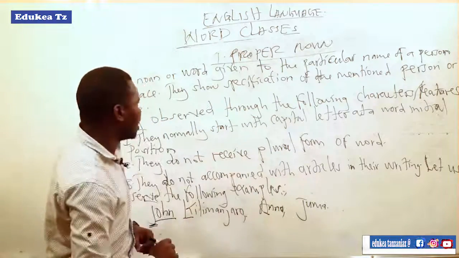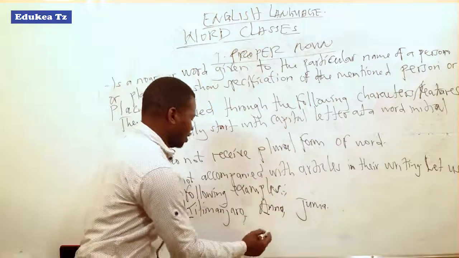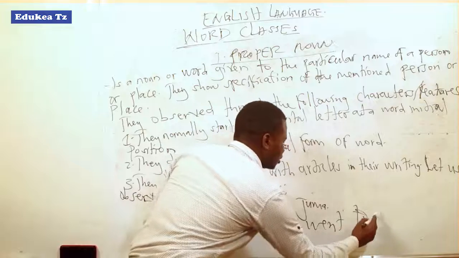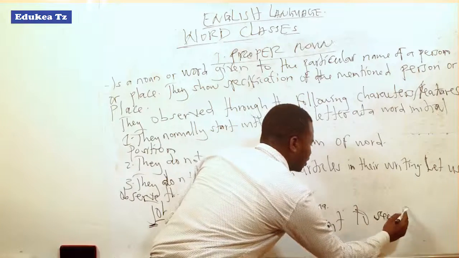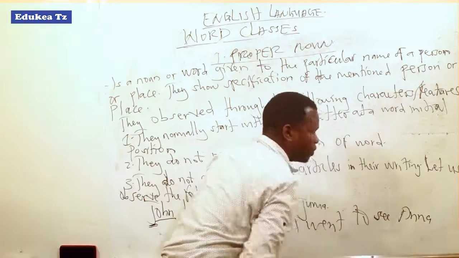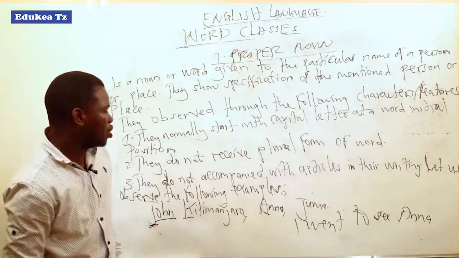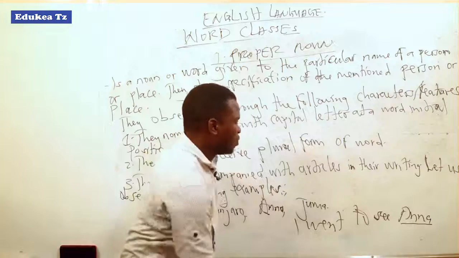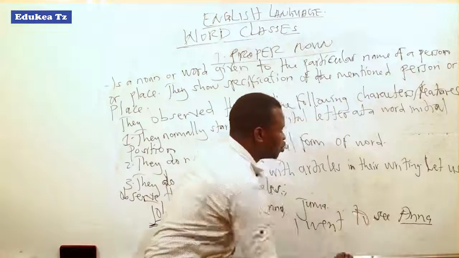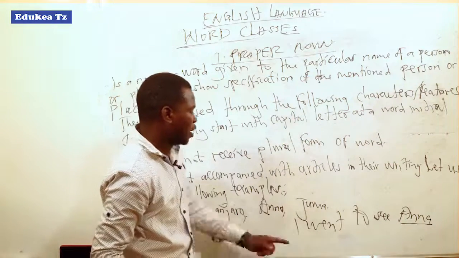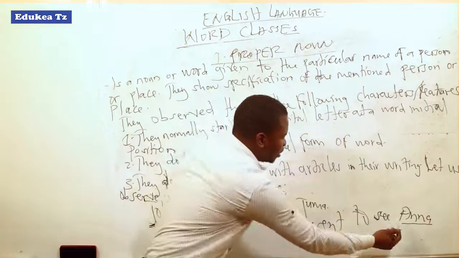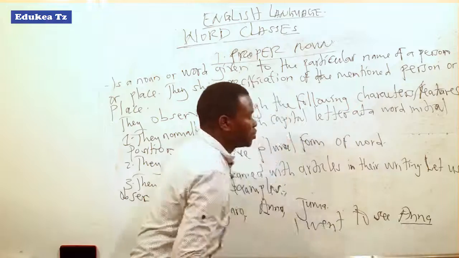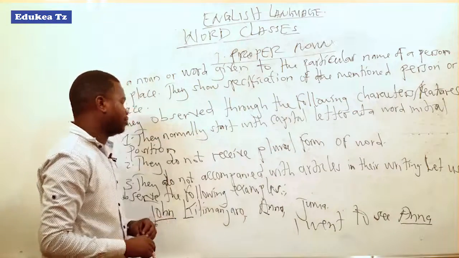We may see this example sentence: I went to see Anna. In this example, we have the proper noun Anna, which starts with the initial letter A.